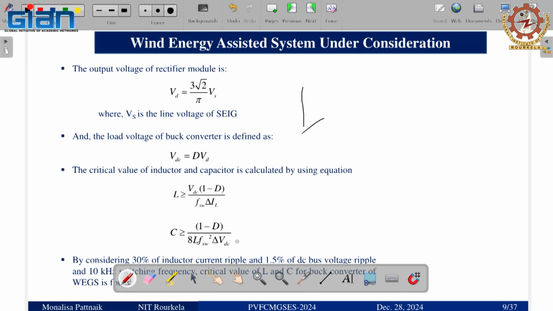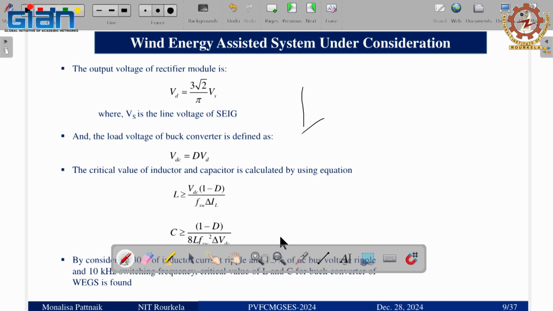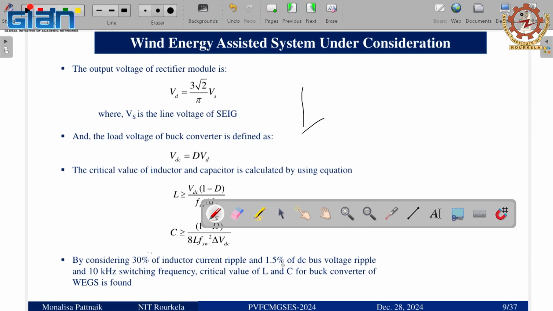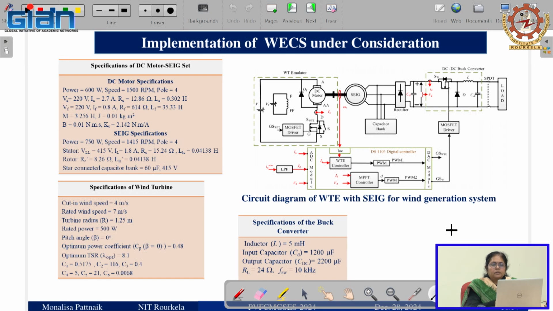We have taken the ripple current to be 30%, and the DC bus voltage ripple is 1.5%, and correspondingly the LC values for the buck converter are calculated. So this is only without the battery.